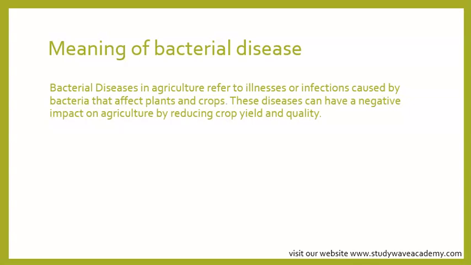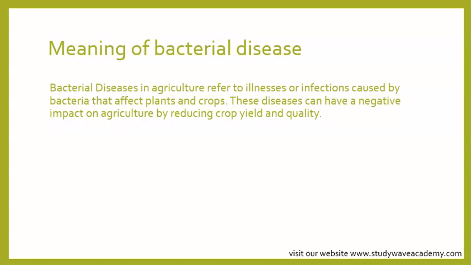Bacterial diseases in agriculture refer to illnesses or infections caused by bacteria that affect plants and crops. These diseases can have negative impacts on agriculture by reducing crop yield and quality. Okay? Do we understand? Bacterial diseases in farming are like sicknesses that affect plants.